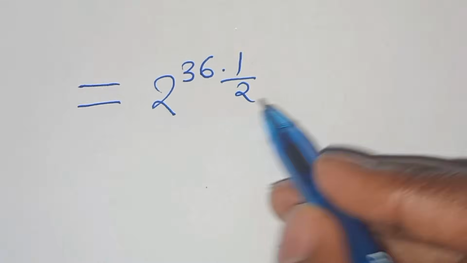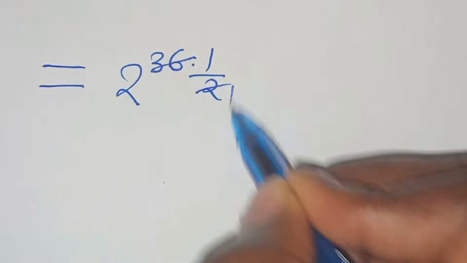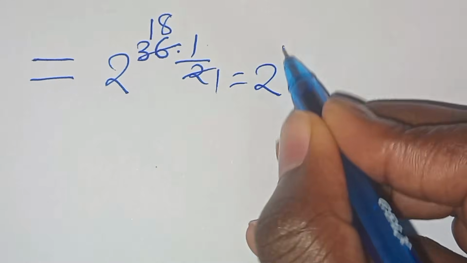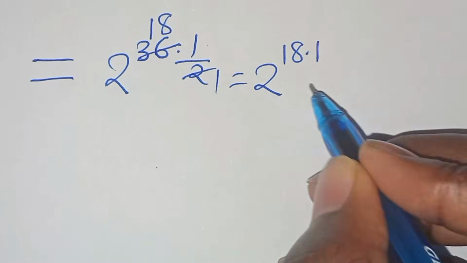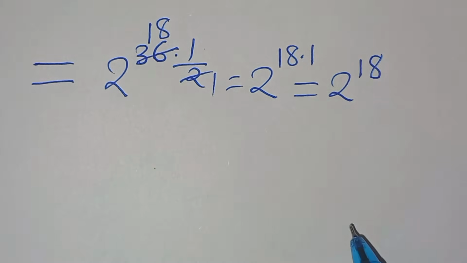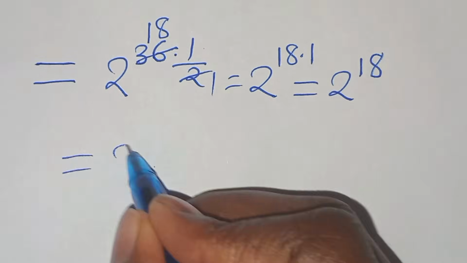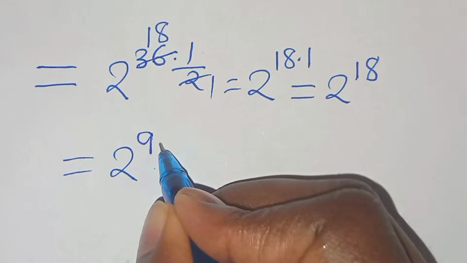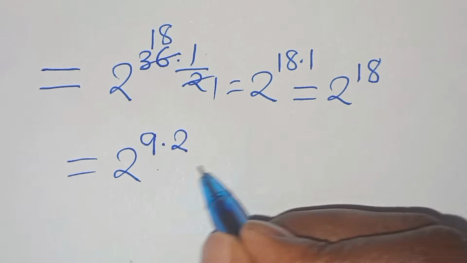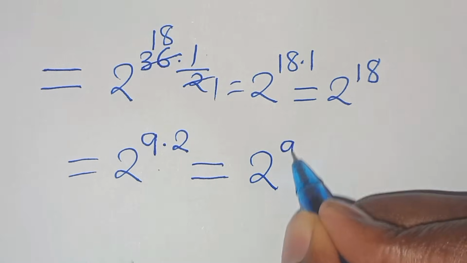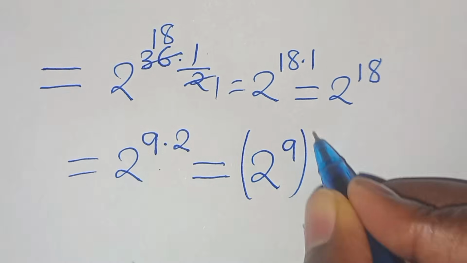So let's simplify here. 36 divided by 2, this is 18. So here we have 2 to the power of 18. We can express 2 to the power of 18 as 2 to the power of 9 multiplied by 2, and this implies that we can express this as 2 to the power of 9 raised to the power of 2.